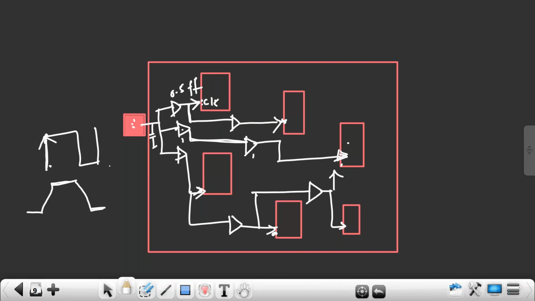We can give some value. We can tell the tool this delay should not exceed more than 1 nanosecond. I can give this target to the tool, so my tool will try to meet this target. This is called as latency target or insertion delay target.